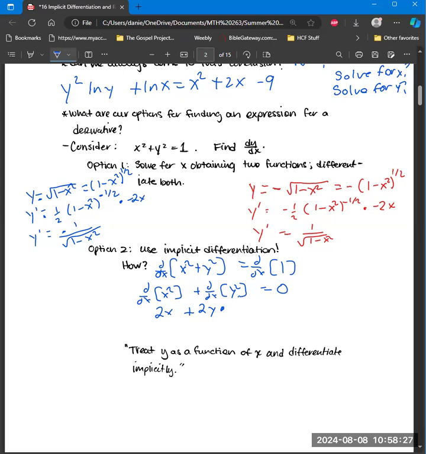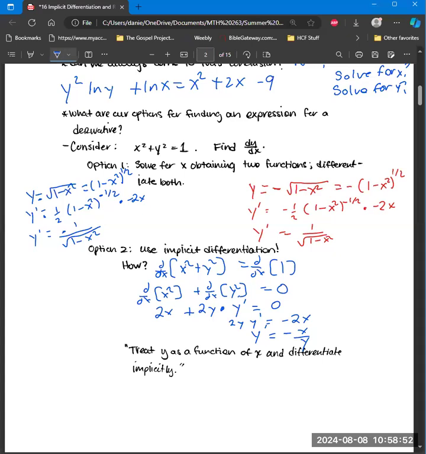So that's going to be dy dx or y prime. Then we're going to solve for y prime. So 2y y prime is equal to negative 2x. Y prime is going to be a negative x over y. Always, all the time. That's what it is.